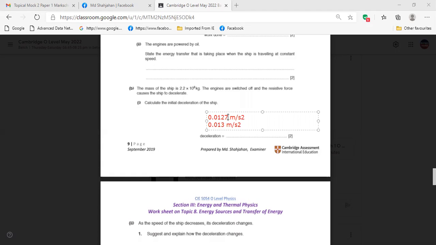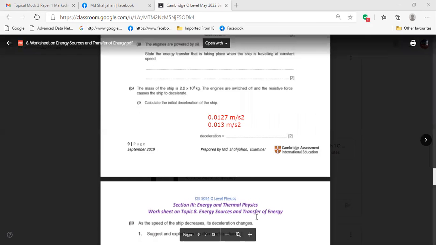So if it is 3, then we can write 0.0127, right? So you can write either 0.0127 or 0.013.